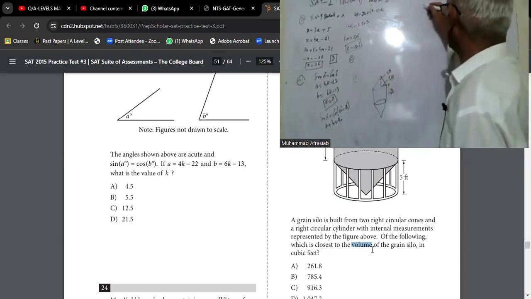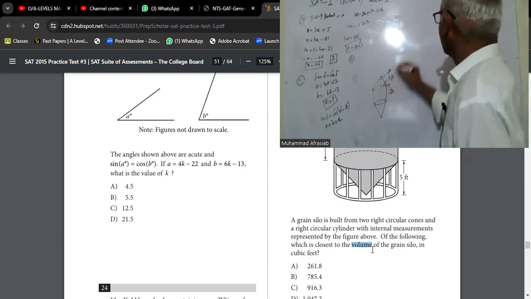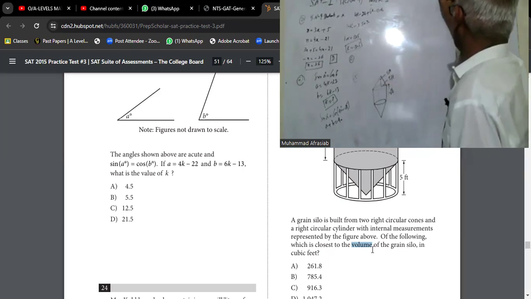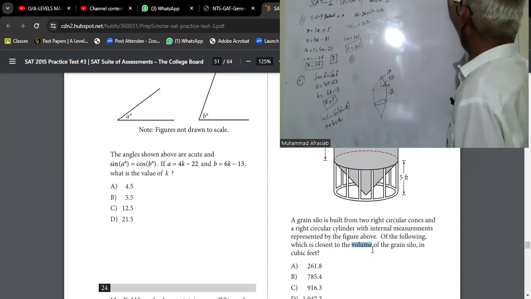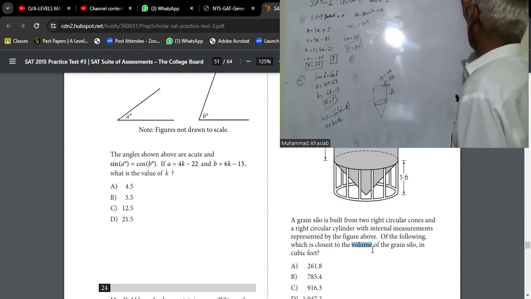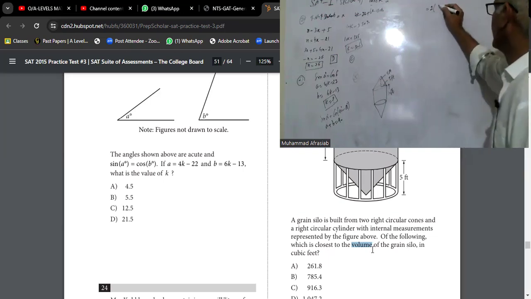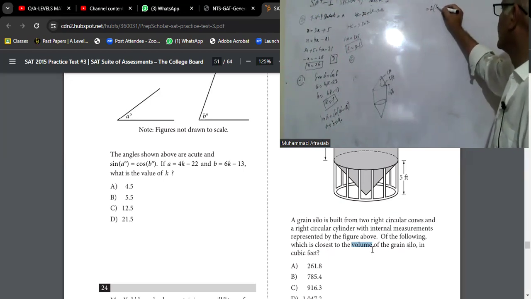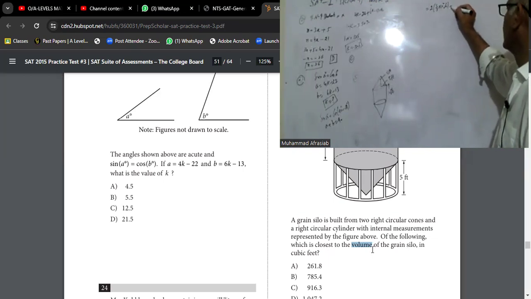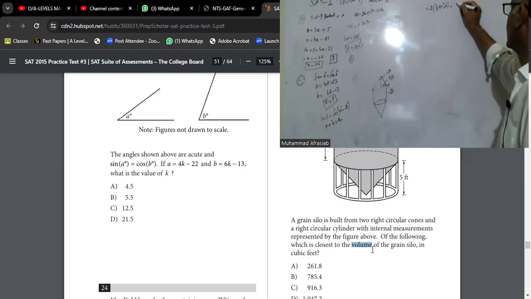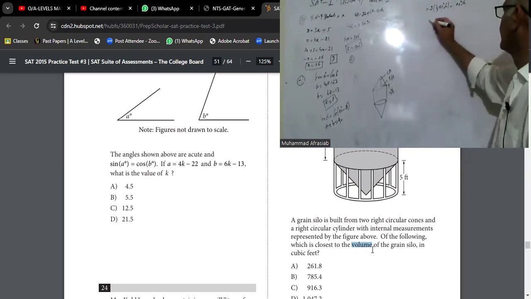So the total volume will be equal to twice the volume of the cone plus the volume of the cylinder. The volume of a cone is 1 over 3 pi r squared h, and the volume of a cylinder is pi r squared h.